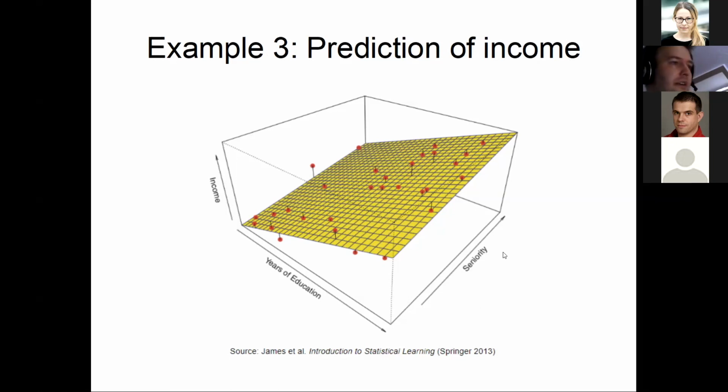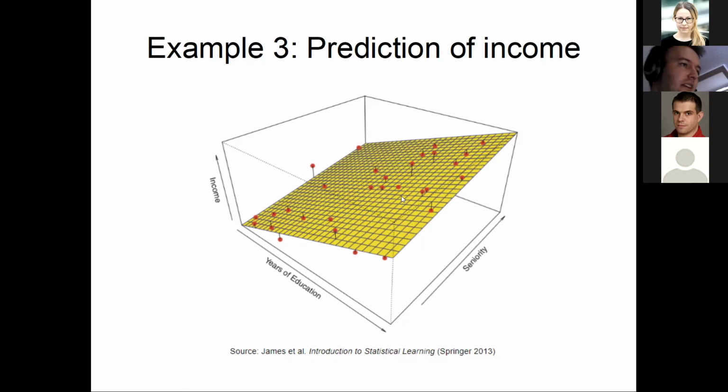So you can also use a regression model to do this. And as you can see here, instead of a line as our graphical output of our regression, in this case, we get a plane. Okay, so this is the plane.